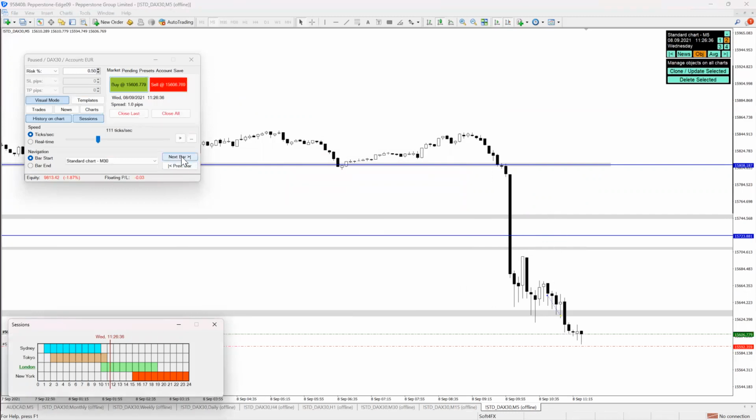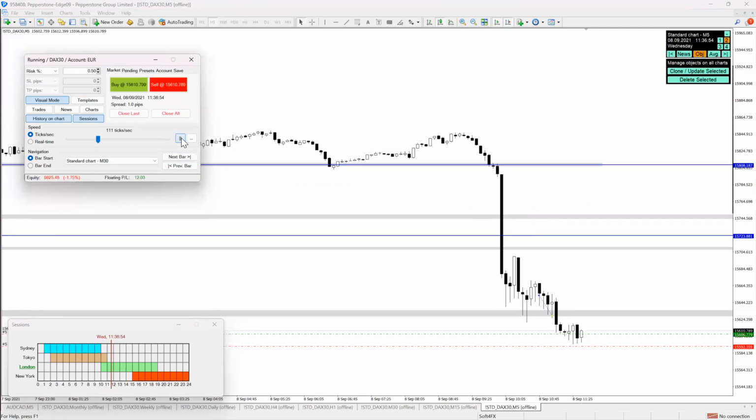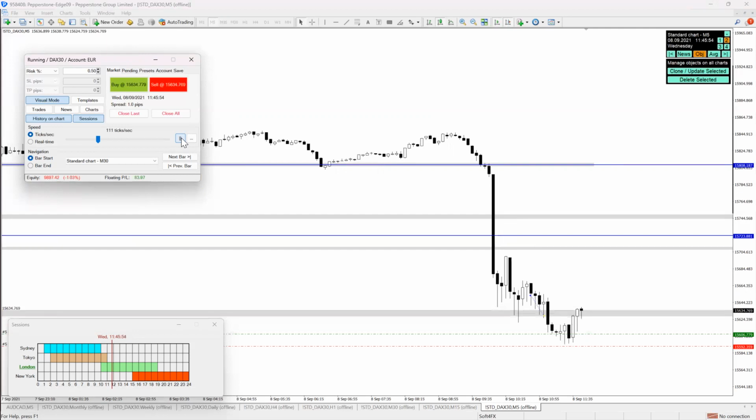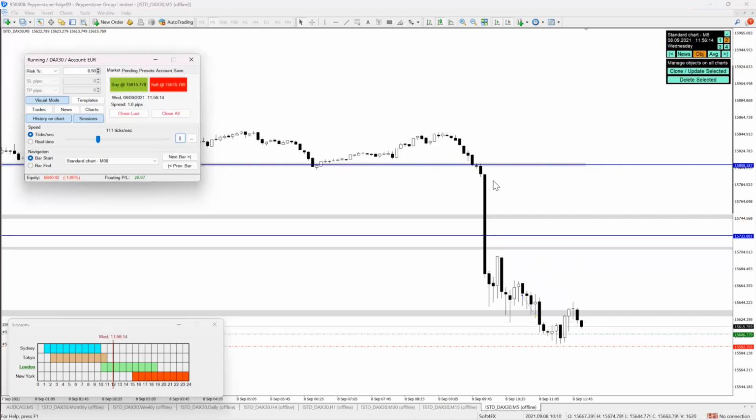Last shot. See if we can correct some of this move, or we're done for this day. We'll move on to the next.